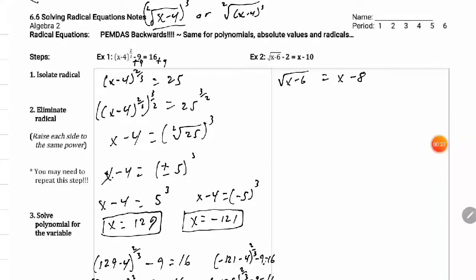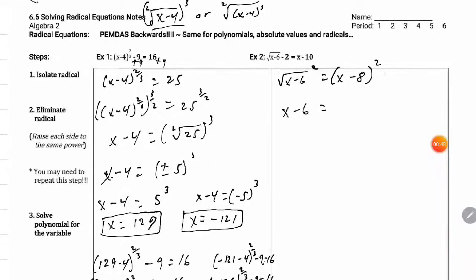Okay. And then we're going to eliminate the radical. So to get rid of the square root, we're going to just square both sides. Now when we square both sides, just put this in parentheses and then square. Okay? So I get x minus 6 equals, and a lot of you guys have been having trouble with this. When this is squared, remember, that means there's 2 of these.